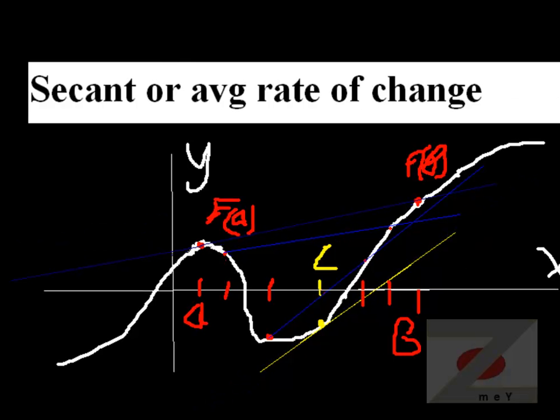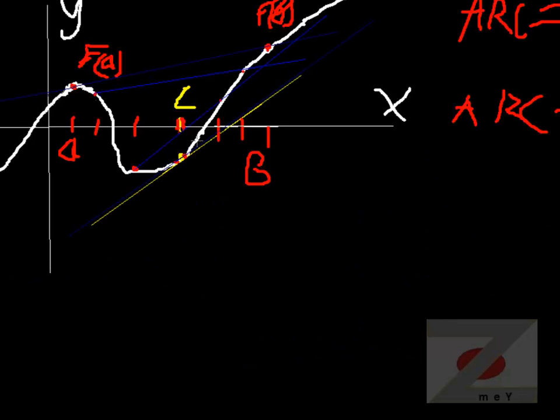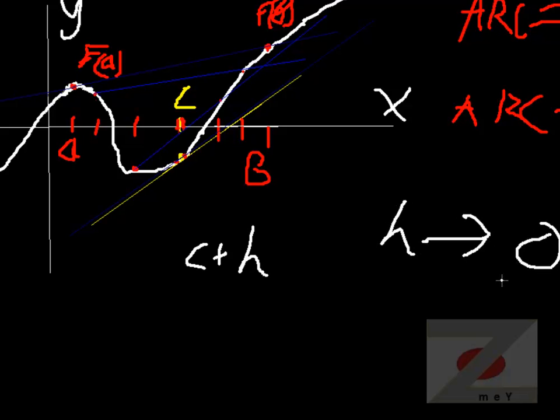We want to find a secant line that gets so close to our tangent line that eventually it becomes 1. Now, for our purposes, we can basically take a point C, and we can just go one side from this C. So let's say C plus some very tiny number h, and h approaches 0. It goes to 0.